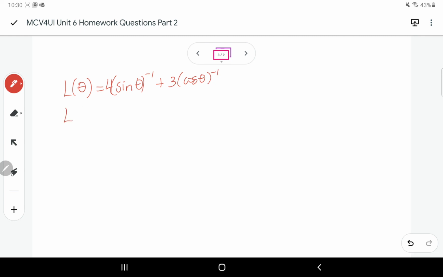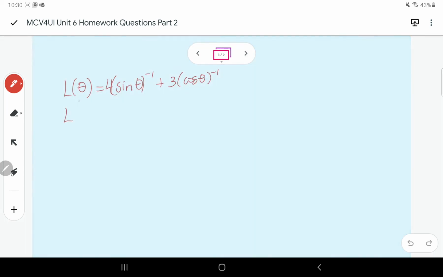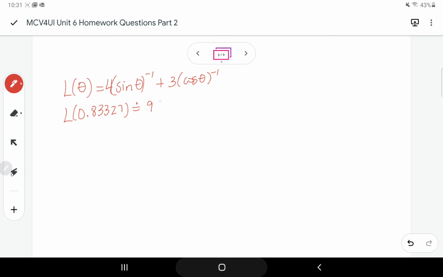So then we're going to do the length and double check what it is at 0.83327. And I am just going to trust you guys to do that on your calculators. But if you put 0.83327 and do 4 divided by sine of that plus 3 divided by cos of that, you get about 9.87 meters. So he can't quite fit that board around the corner. He'd have to cut a little bit off. Okay?